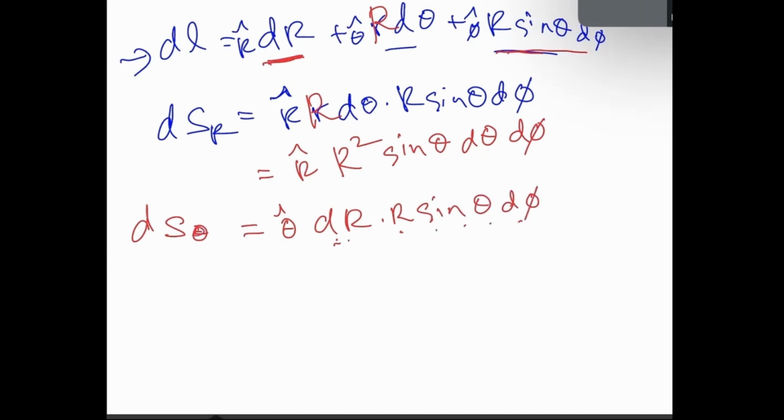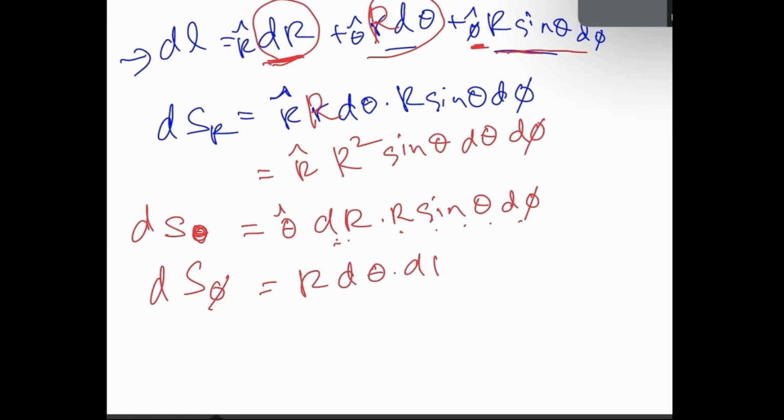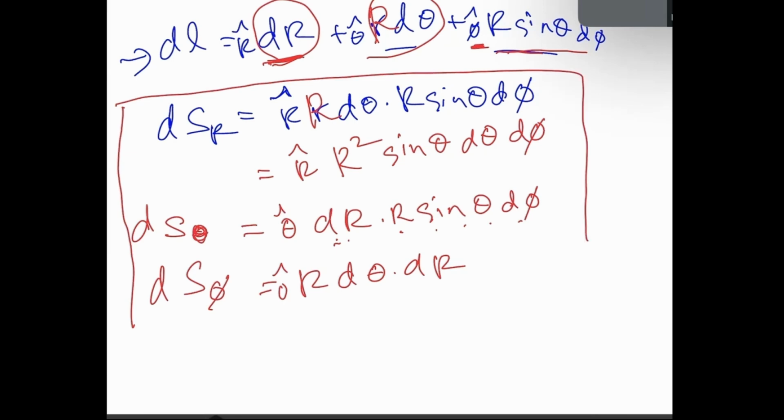That is the surface in the theta direction. Then the surface in the phi direction: we take this one times dr, r d theta times dr. That is the differential surface area ds for spherical coordinates.